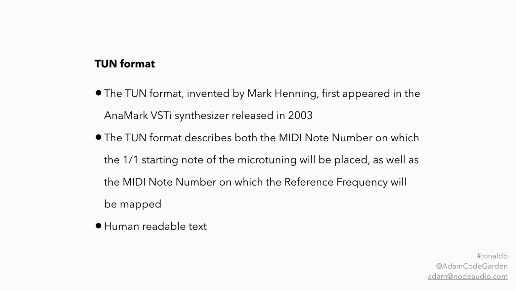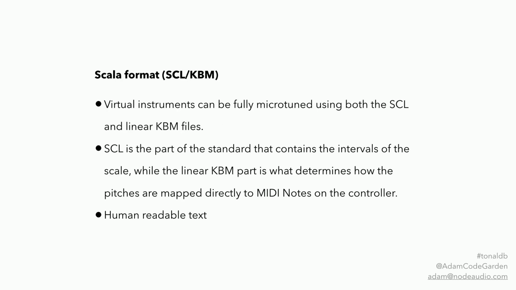And you've got the Tune format, which is human readable, and it's a nice format because it combines the description of the scale with how it's mapped across a MIDI controller. And we have the very now ubiquitous Scala format, which actually comes in two parts: the SCL file, which describes the scale, and the KBM file, which describes the keyboard mapping.